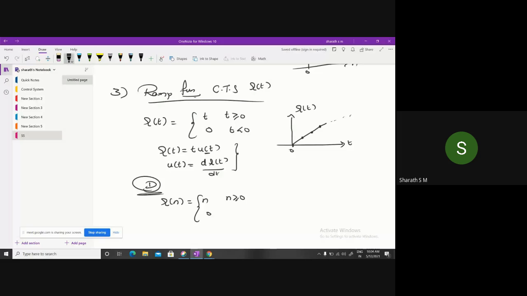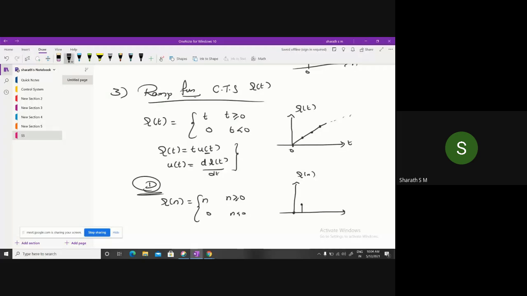That concludes, at 0 its amplitude level is 0, at 1 its amplitude level is 1, at 2 its amplitude level is 2, at 3 its amplitude level is 3, and so on. So this is the ramp for the discrete part. The equation we can write as r of n is equal to n into u of n.